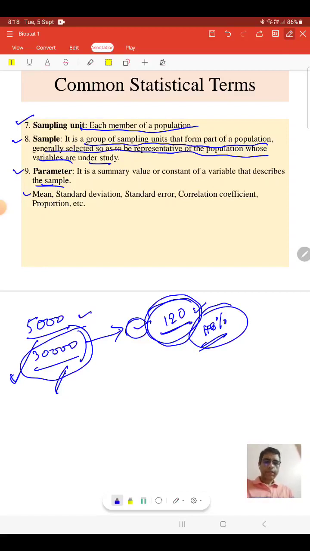Now when we measure the hemoglobin percentage for this population, we shall find a mean hemoglobin percentage, and we shall also find a standard deviation, standard error, and correlation coefficient. We shall understand all these terms in upcoming classes.